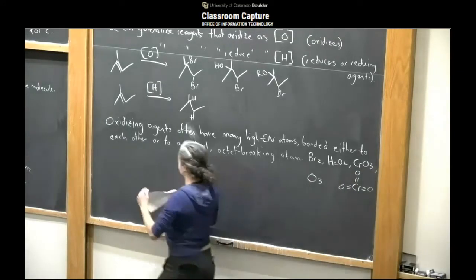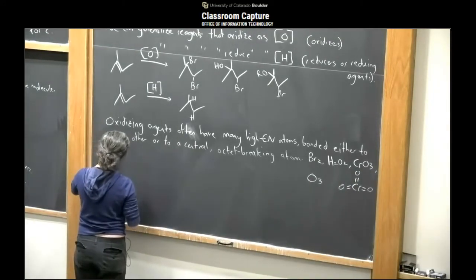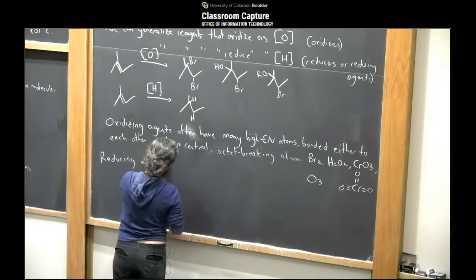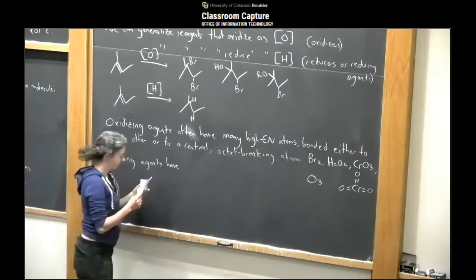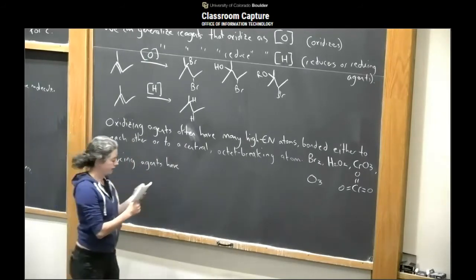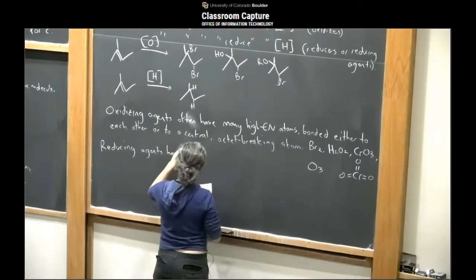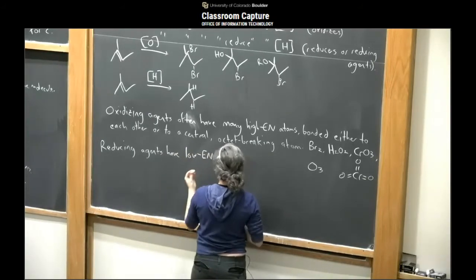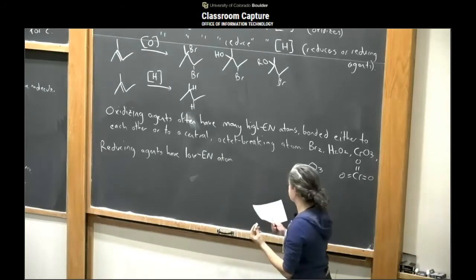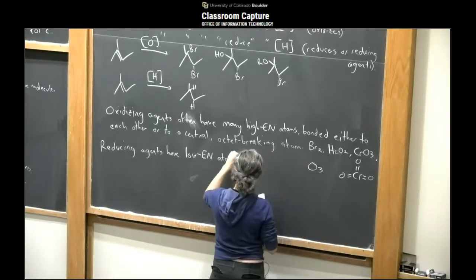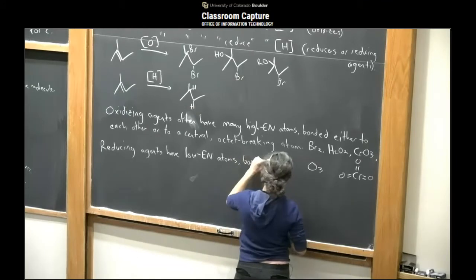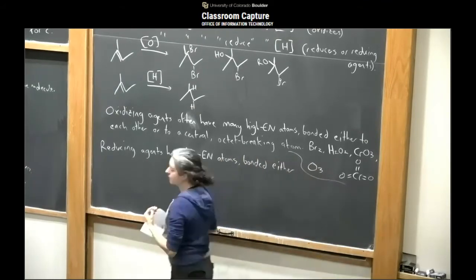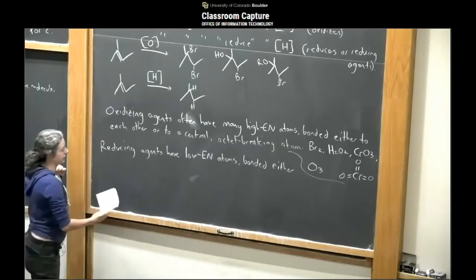So reducing agents are kind of the opposite of this. Usually they're going to have a lot of low electronegativity atoms bonded either to each other or to a central low electronegativity atom.